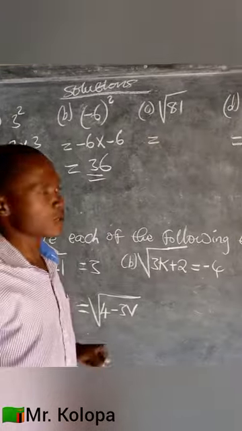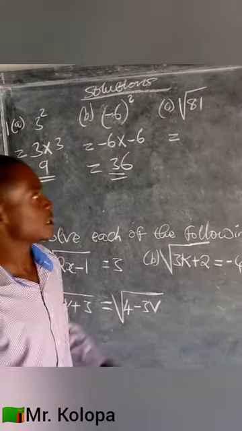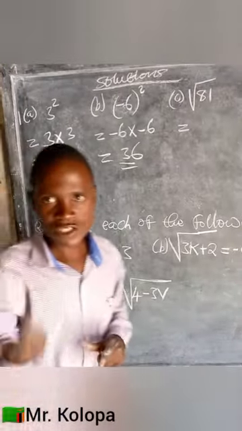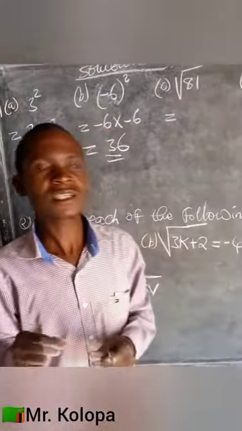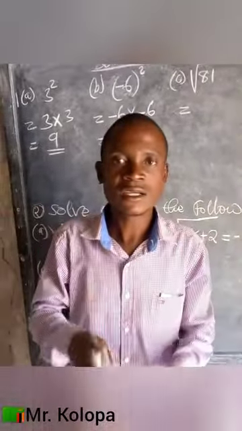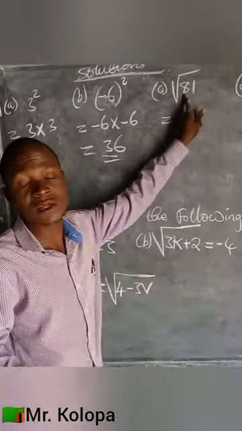Now looking at the square root, number C, what are we supposed to do? The square root of 81. When they ask you to find the square root of 81, they are simply asking you to think of the number that you can multiply by itself twice to give you the number in the root.